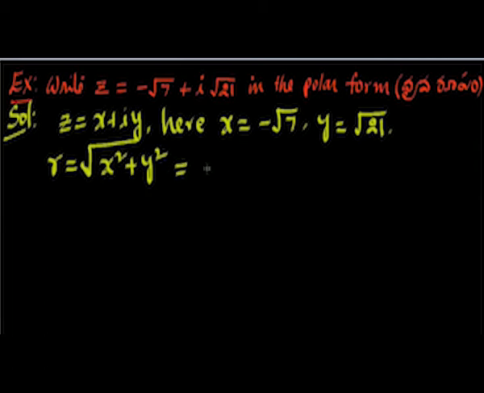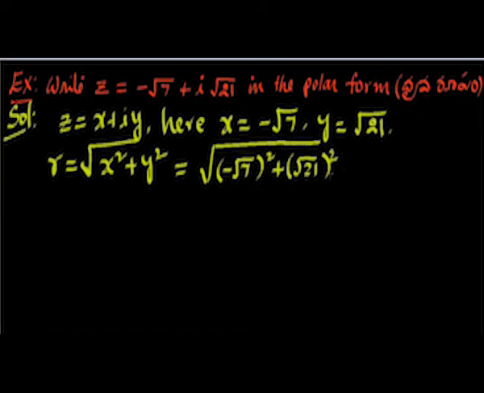Here, minus root 7 square plus root 21 square. So that will be 7 plus 21.